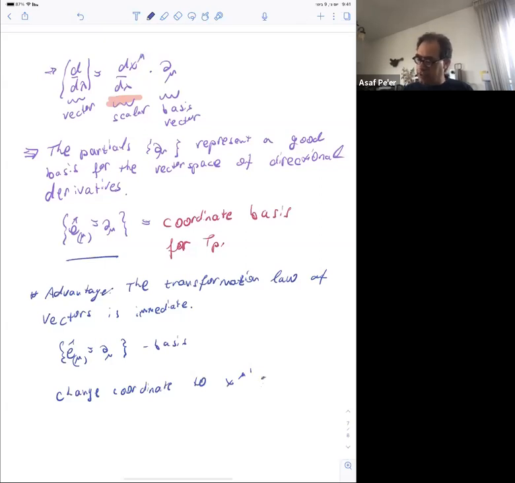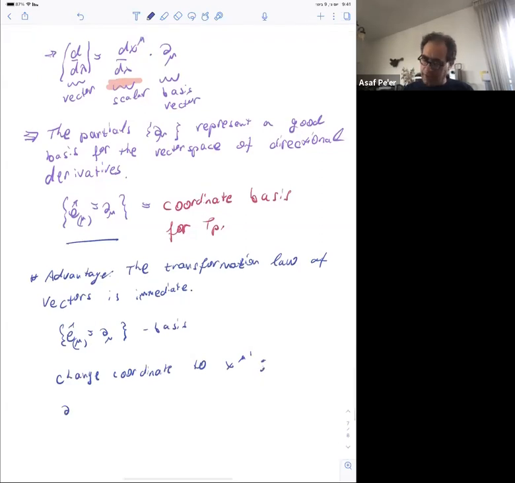Then we simply use the chain rule. d mu prime, remember, this is d over dx mu prime. Just get this into your head because I'm not going to repeat this, I'm just using it automatically. What is that? It's just dx mu over dx mu prime times d mu.